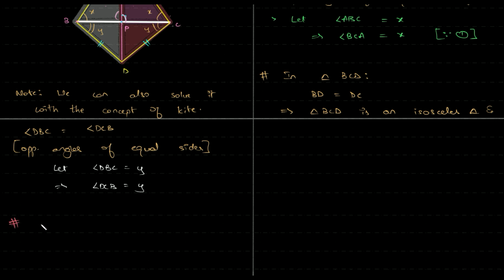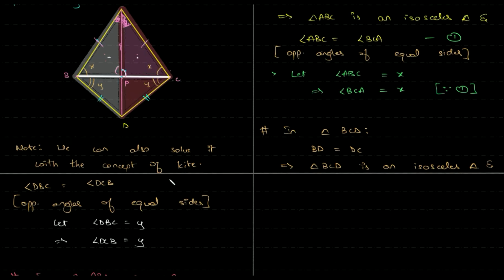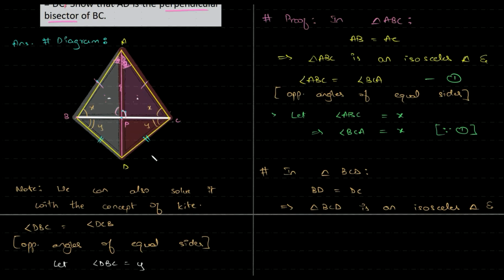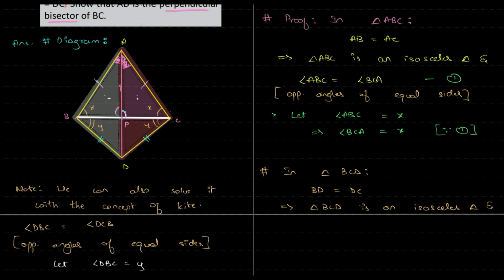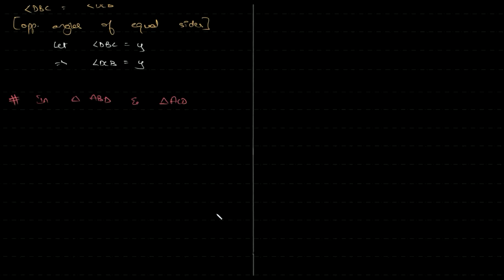Okay. So first thing is in triangle ABD and ACD, these two triangles. Don't worry if you haven't understood. As and when we write, we will understand it. So just for our reference, I'll do this, it'll be easy.